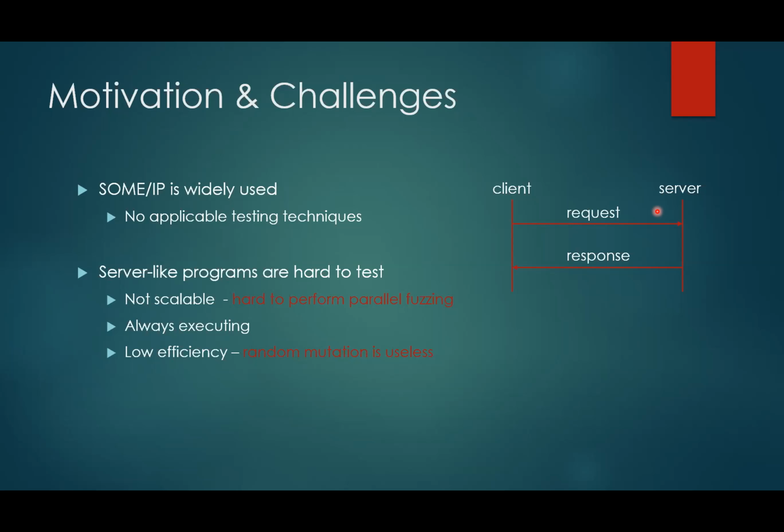If we just mutate the header randomly, we will generate mostly invalid packets, and we cannot test deep into the server. So parallel fuzzing and the low efficiency of random mutation are the two main issues here.